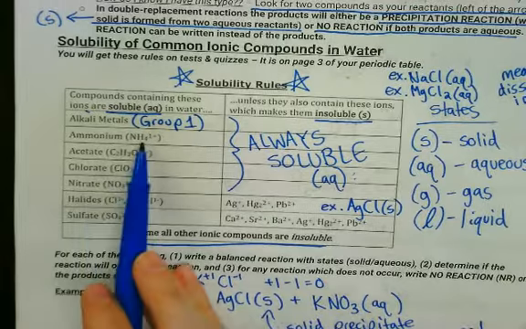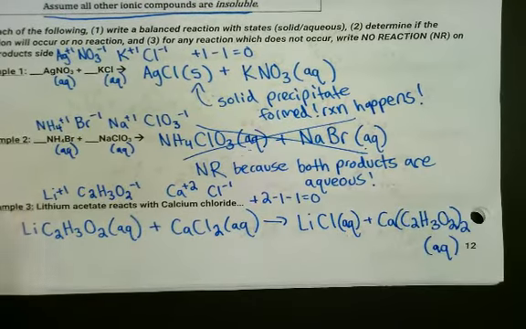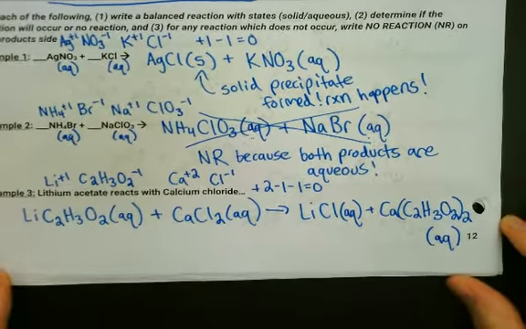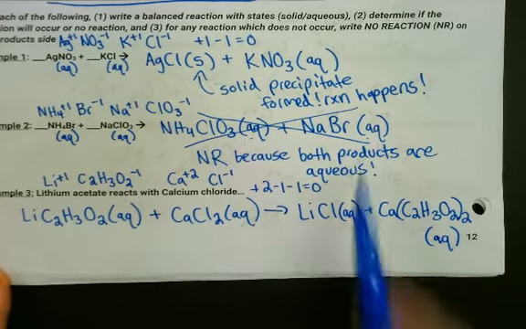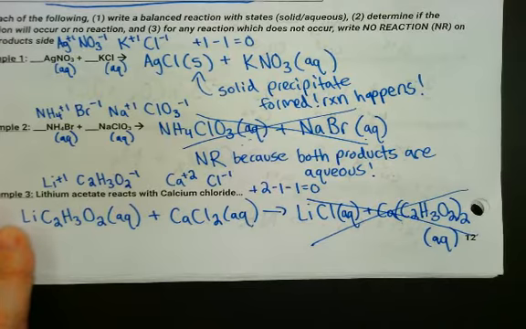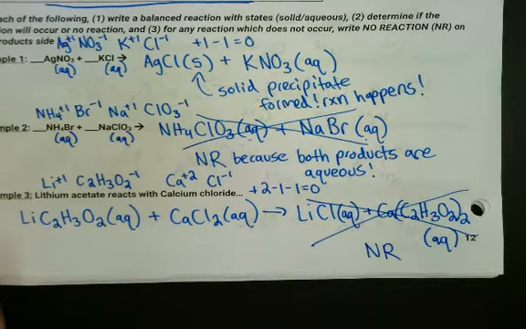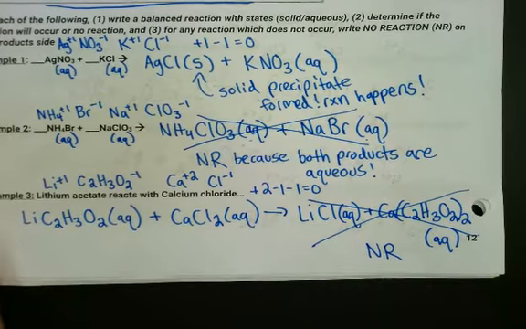Anything with acetate, always soluble. So we're going to put AQ for aqueous. Again, both products are aqueous. So I'm going to cross those products out and write NR. No reaction happens.